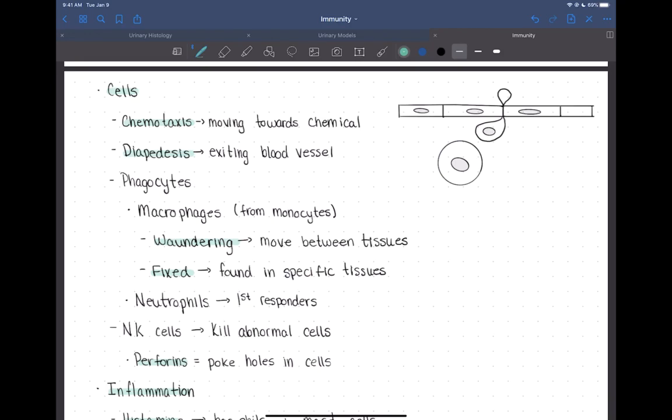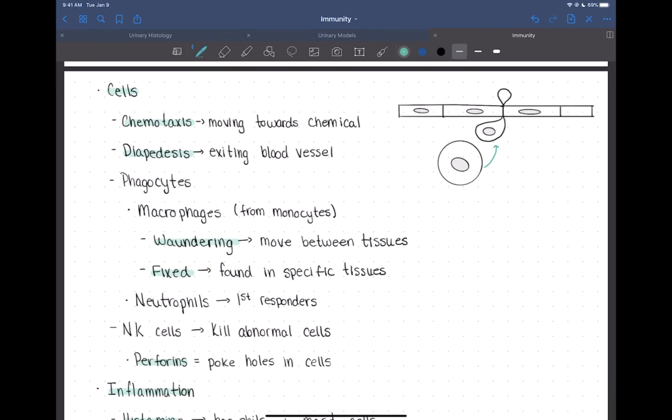Chemotaxis just means that the cell is moving towards some sort of chemical signal. So if other parts of the maybe adaptive immune system encounter something and signal they've found a pathogen, that signal will draw these innate immune cells, the macrophages and that kind of thing, towards it.